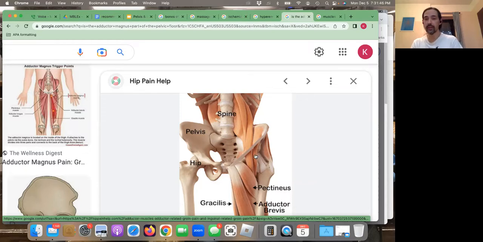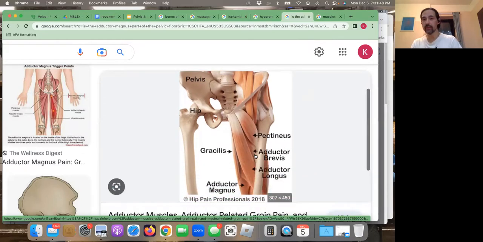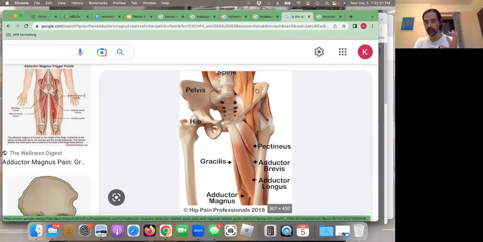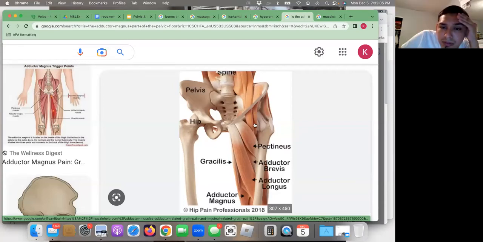So let's finish up here and we will take a break. I think you guys are starting to get a little bit crispy on the surface. So we get the psoas and the iliacus muscle to form the iliopsoas, and they attach to the femur.